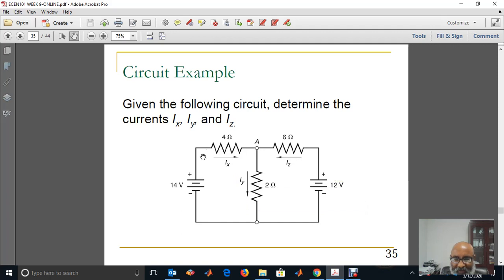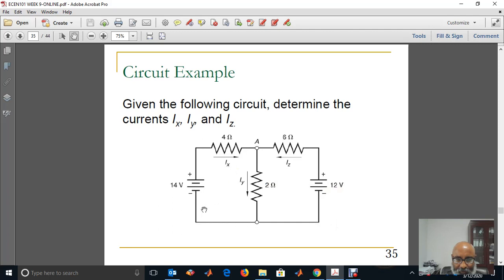Here the current entering is Ix and Iz, and the current leaving is Iy. Therefore, Ix plus Iz is equal to Iy. The total current entering is equal to the total current leaving the junction. So we have one relation between Ix, Iy, and Iz.